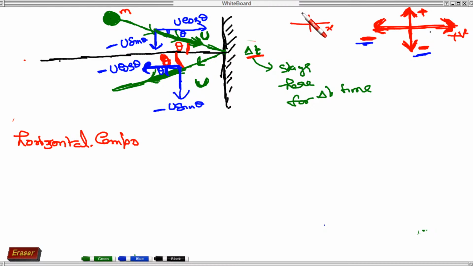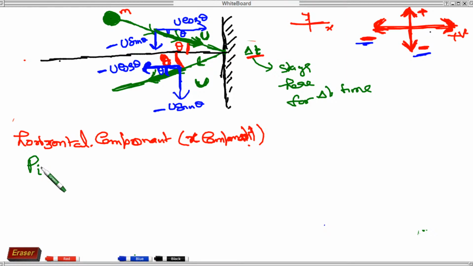Okay, so we will be considering the x component, horizontal component. So what would be the initial momentum in the x direction? Suppose the mass is m, so it will be mu cos theta. This u we are considering this part. So it will be mu cos theta.